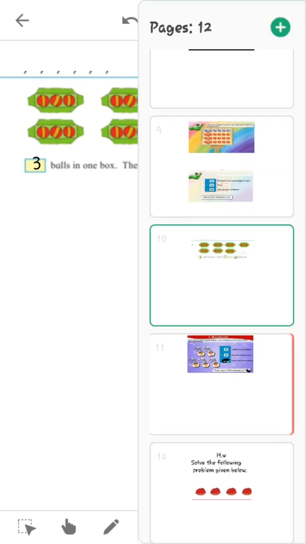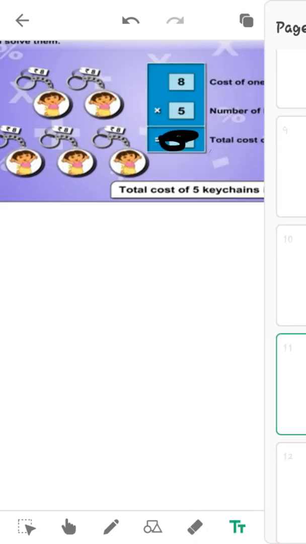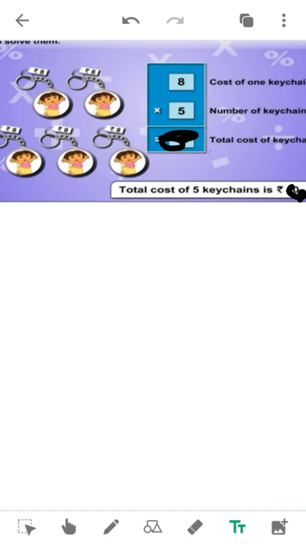Next example is: how many kitchens are seen? 1, 2, 3, 4, 5. Number of kitchens is 5. Cost of one kitchen is 8 rupees.